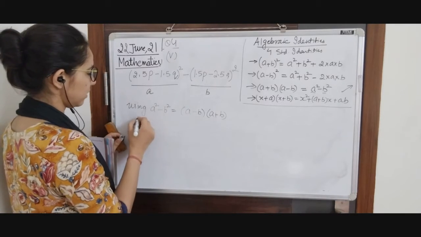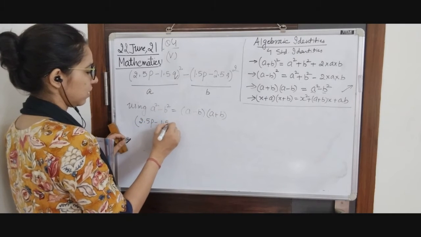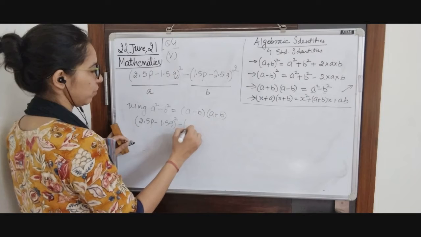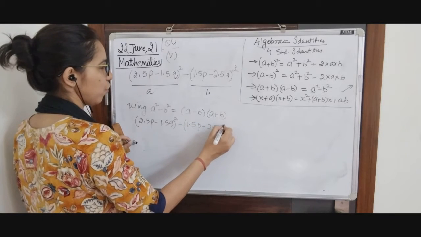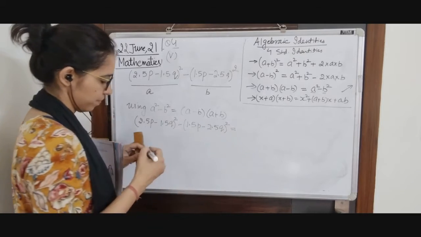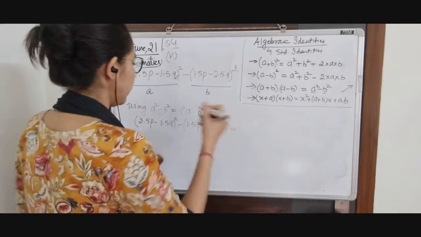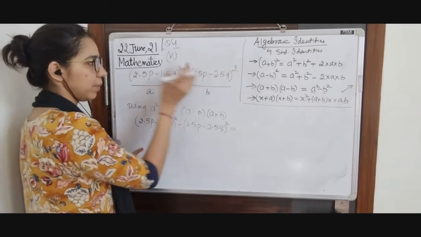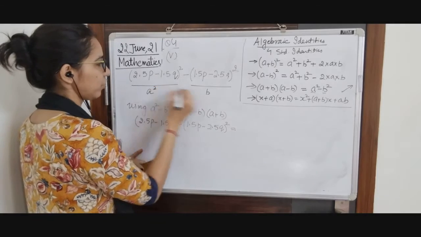Okay, so the required expression will be equal to a minus b. A minus b, not square. Only this is, okay, this is a square, this is b square.